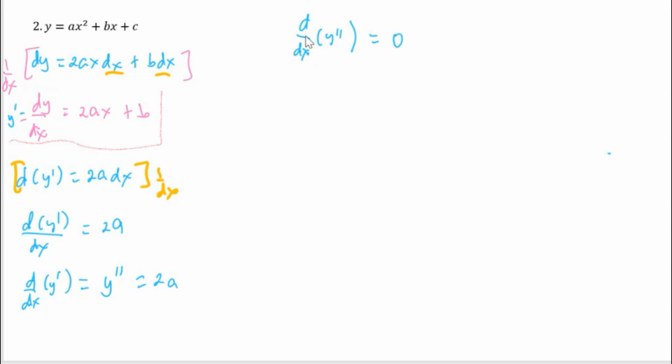We know that the derivative of the second derivative is equal to the third derivative. So we could say that the third derivative is equal to 0. Now, since we have eliminated all the arbitrary constants, the final answer is y to the third derivative equals 0.